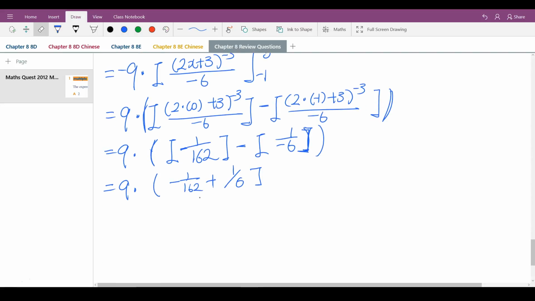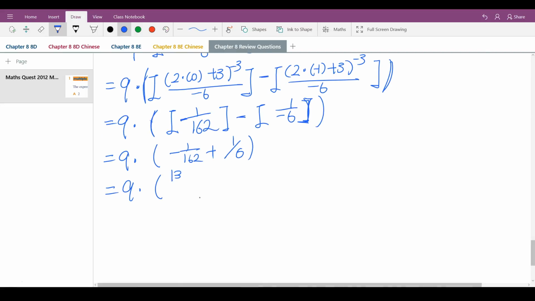Okay, so let's add them. Negative 1 over 162 plus 1 over 6 will give 30 over 81.